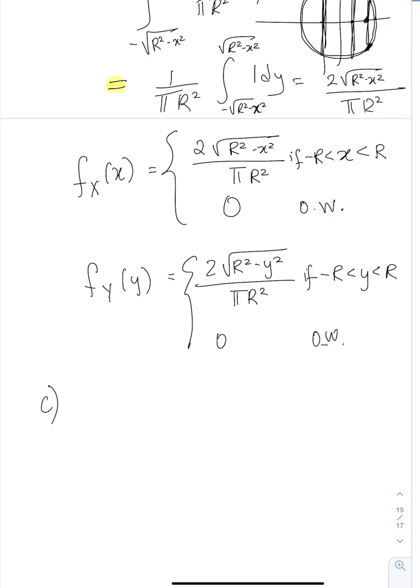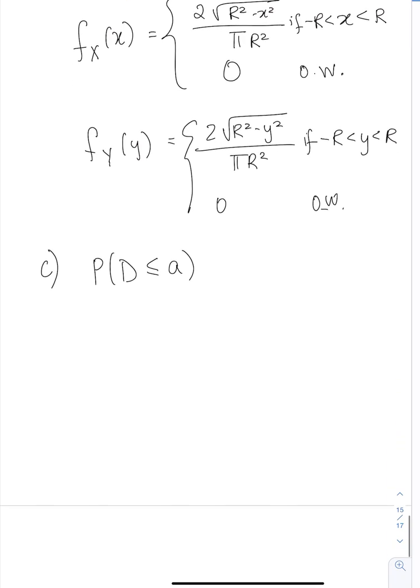Okay, part C. You want to find the probability that the distance D from the origin to the point is less than or equal to a. Well, that's really not so hard to calculate. Here's your circle of radius r, and suppose you have a distance a from the origin.